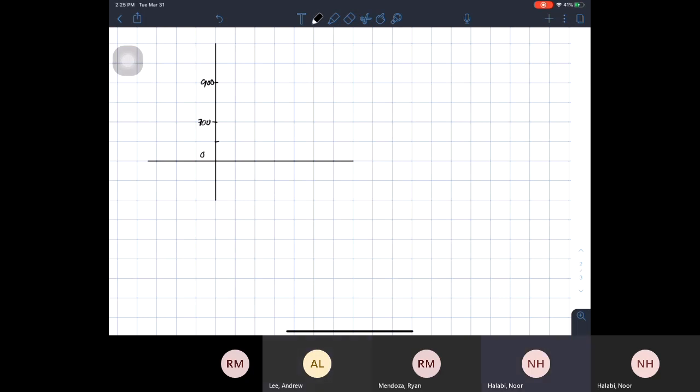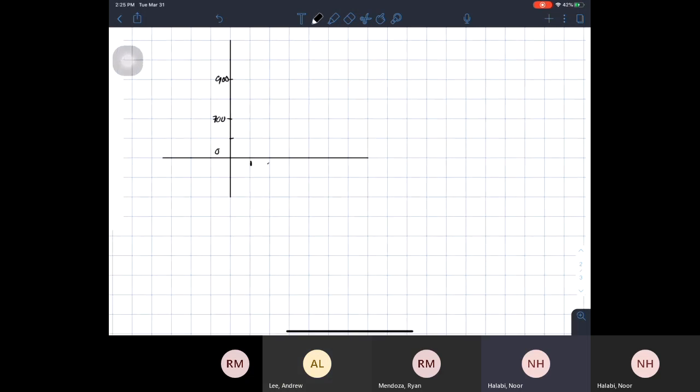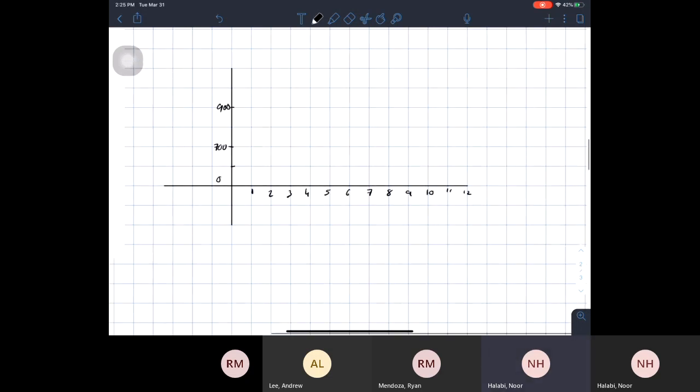Okay, so 700 is our minimum, and we know that it's 700 at, let's call it 1, 2, 3, 4, 5, 6, 7, 8, 9, 10, 11, and 12. So at 1, it's at 700, which is our minimum. And then at 7, or at July here, it's going to be our maximum at 900.